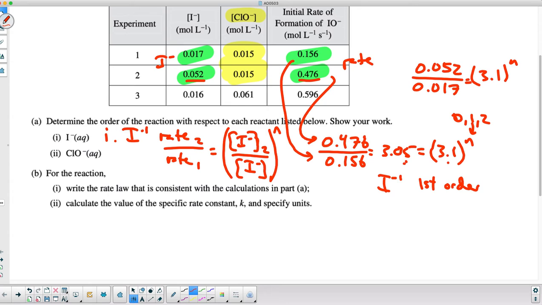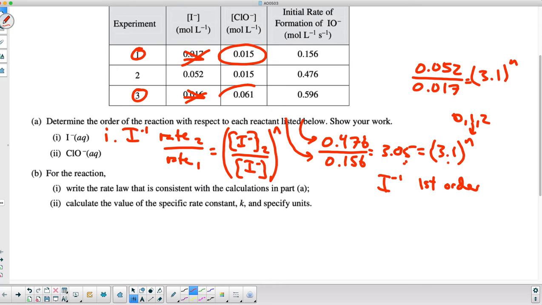Let's do the same thing, but in this case, let's reverse it so that we can find the order for ClO minus, which means I need to pick 2 experiments where I minus is basically the same, so we can ignore it. I got 0.015 and 0.061, and that will give me the rates.